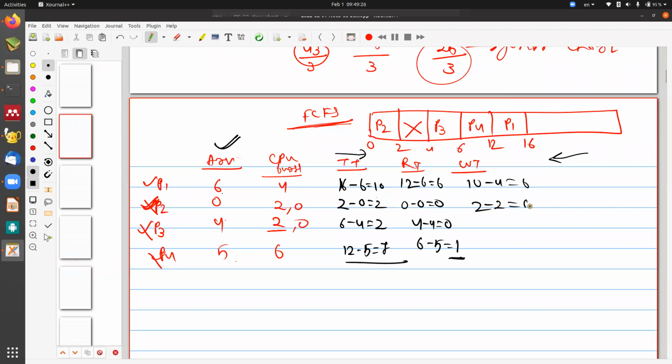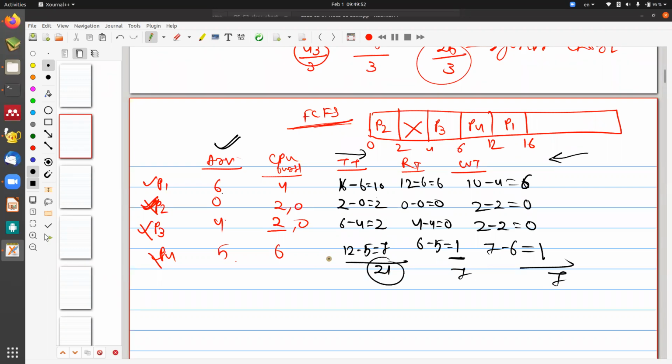So 2 minus 2 becomes 0. Okay. Similarly, tell me what is the waiting time of this? He has also stayed for 2 hours, worked for 2 hours. So this is also 0. And he has stayed for 7 hours, worked for 6 hours, then it is 1. So this becomes 7, this becomes 7, and 7 to 9 to 11 is 21.